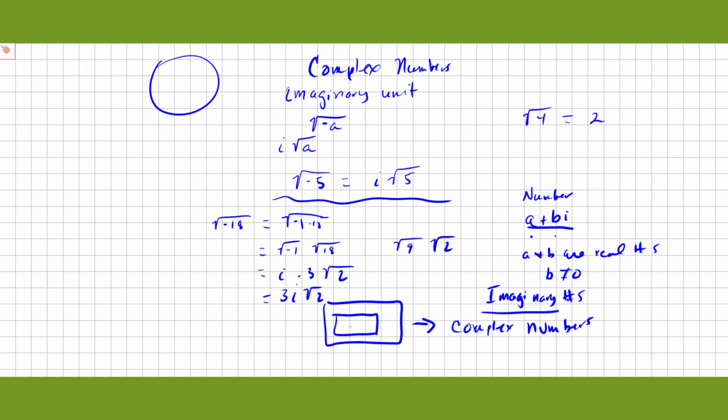All right, so let's see how we can write complex numbers. You can write a complex number in this form, a plus bi. And we said a and b are real numbers, right? And if b equals 0, the number a plus bi is going to be a real number, because we have a plus 0.